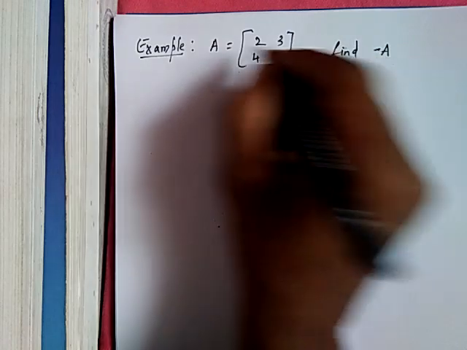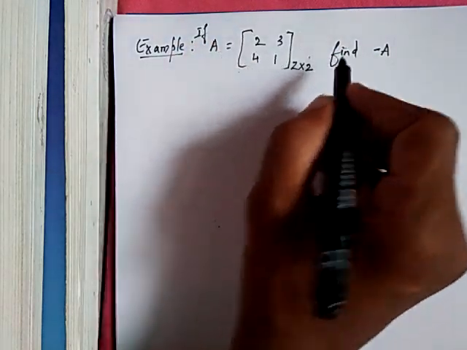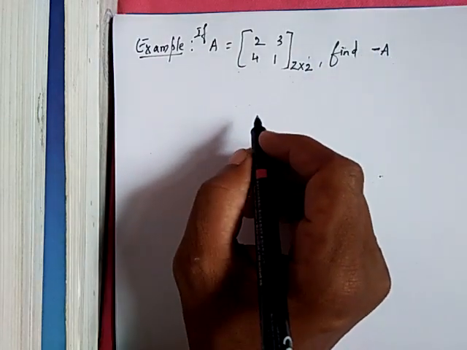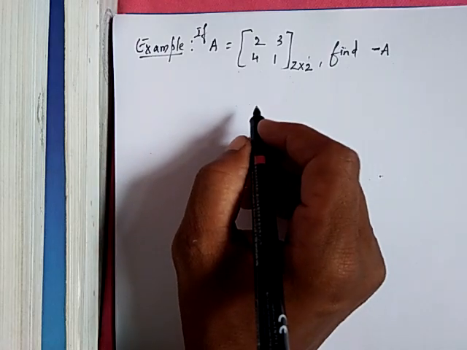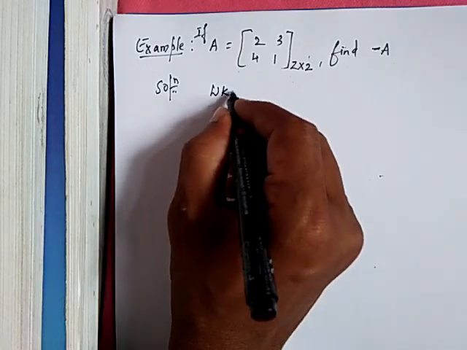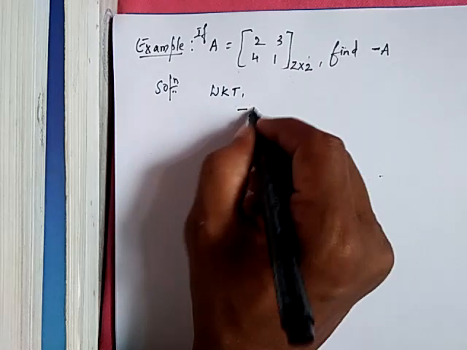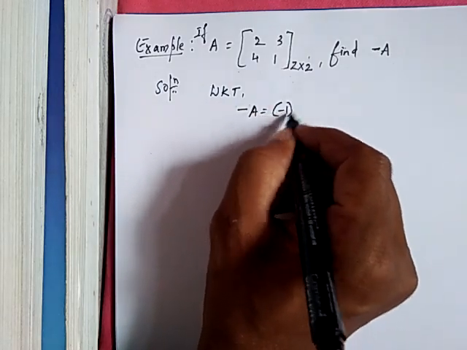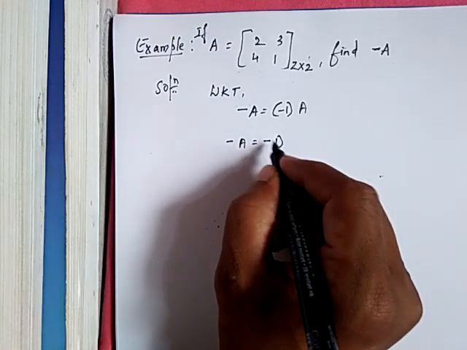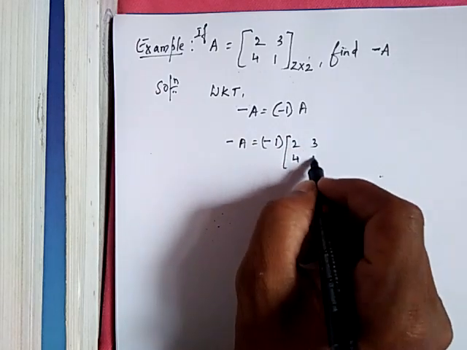Find minus A. So how to find this one? Solution: we know that minus A is equal to minus 1 into A. So minus A is equal to minus 1 into 2 3 4 1.